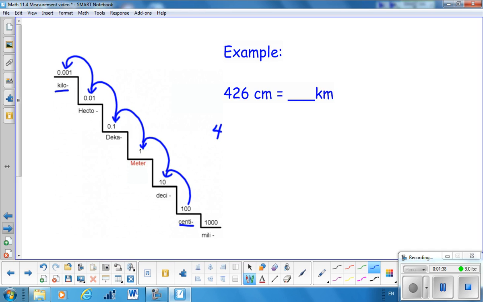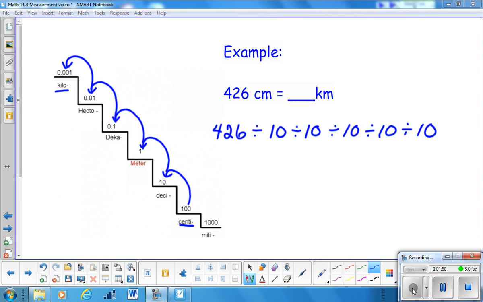So I have 426 divided by 10, and I'm going to divide by 10 5 times. When we divide by 10 5 times, we end up with 0.00426 kilometers.